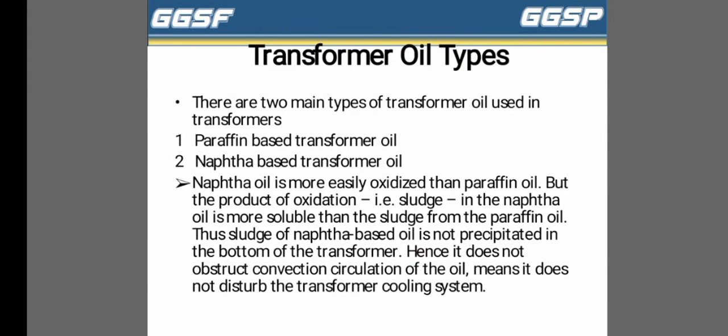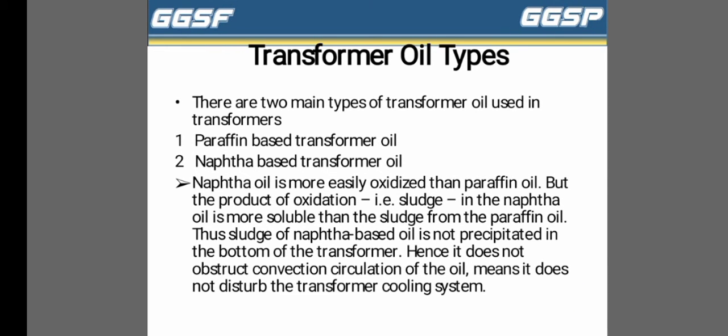The transformer oil types are as follows: paraffin based transformer oil and naphtha based transformer oil. So first of all, what is naphtha based transformer oil? The naphtha oil is more easily oxidized than paraffin oil, but the product of oxidation, that is sludge in the naphtha oil, is more soluble than the sludge from the paraffin oil.